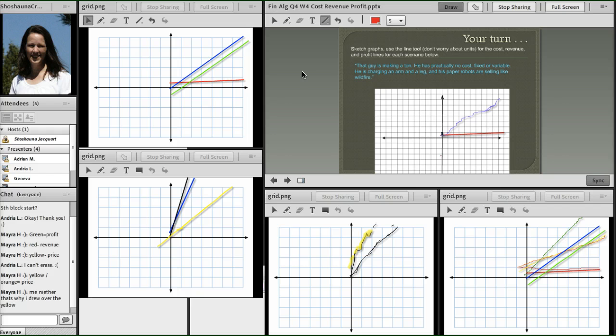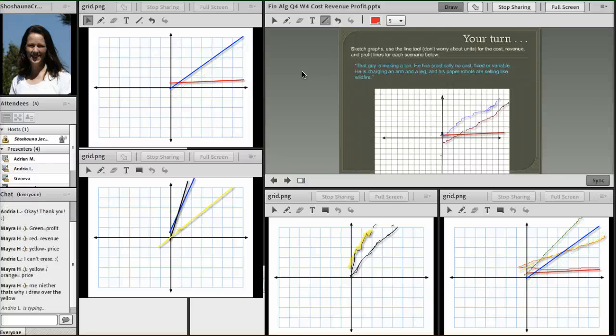Okay. So now that everybody's tried, let's vote. What graph do you like the best? And you'll have to type in the chat because it totally took over your other stuff.